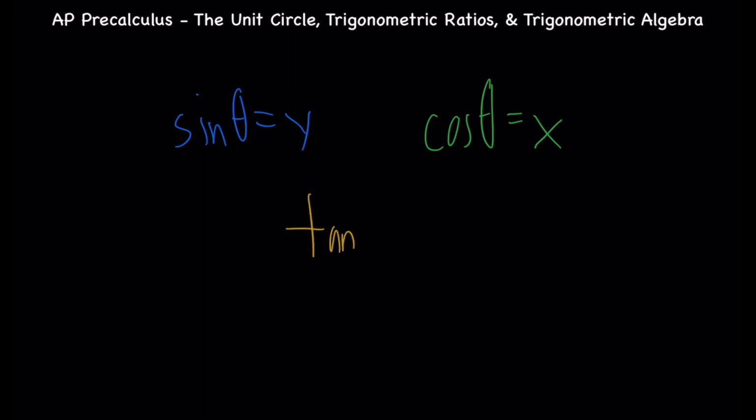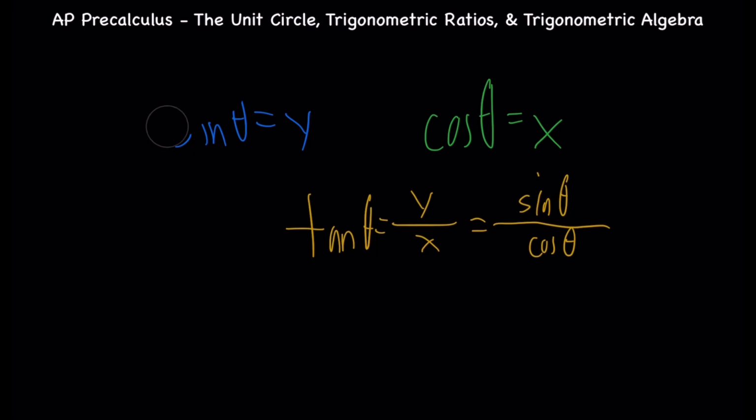Tangent theta is basically just y over x, or in other words, sine theta over cosine theta. And if you don't get that, it's because y equals sine theta, cosine equals x, so you can just put them in like this. So tangent theta is equal to y over x, or sine theta over cosine theta.